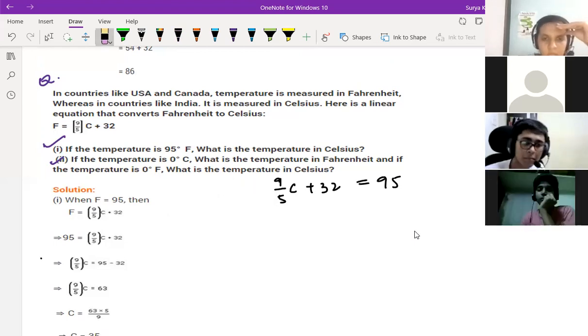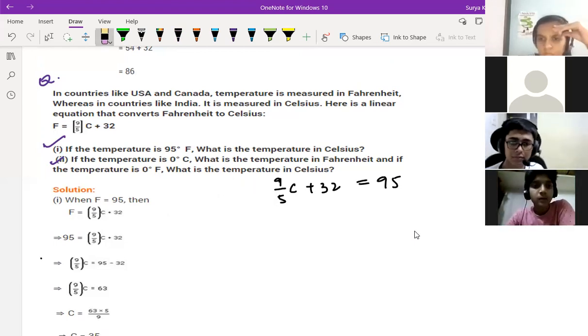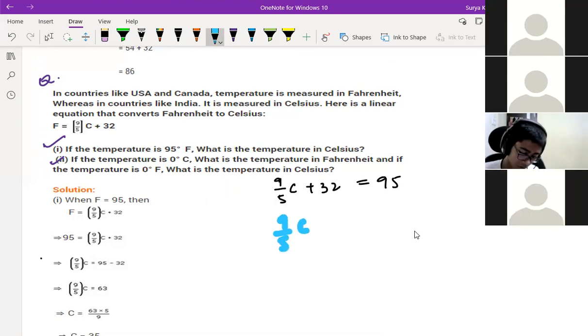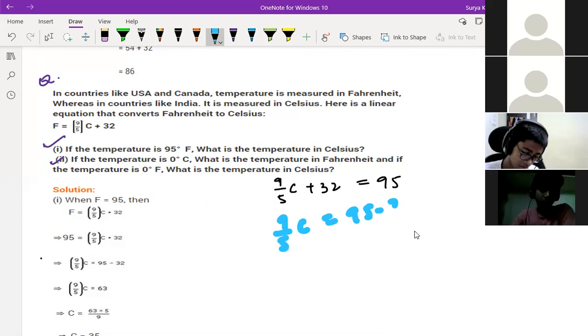I'm getting 35 as the answer too. So 9 by 5 C is equal to 95 minus what? 32. But you should completely reverse it, children.